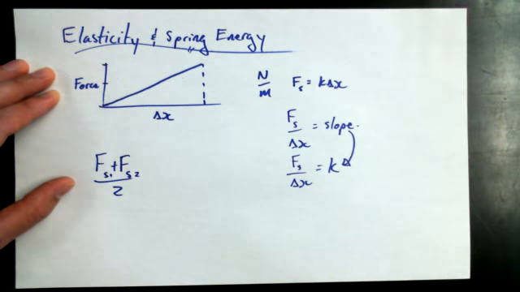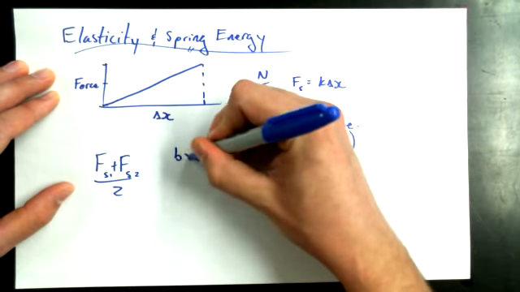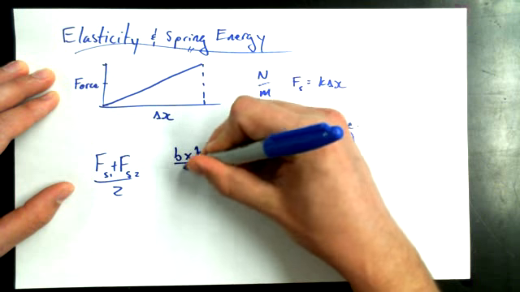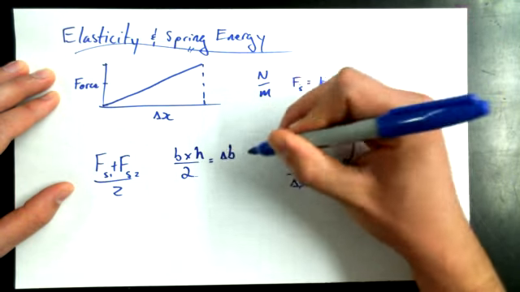Is there another way that I could deal with finding the area under this? Just do the area of the triangle. Base times height divided by 2? Okay, let's try that. The base is delta x, and then times the max force divided by 2.